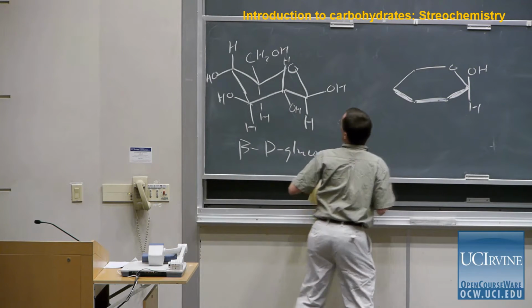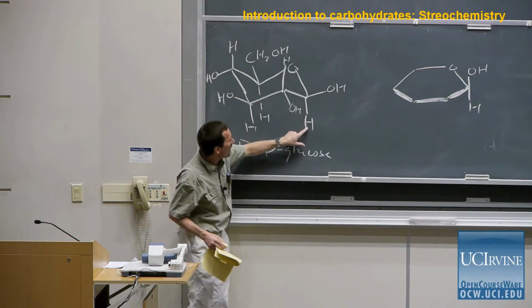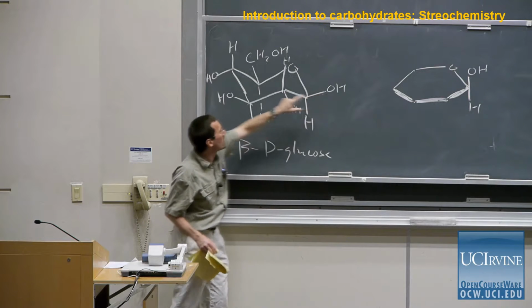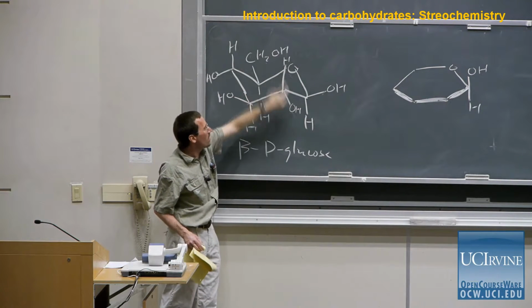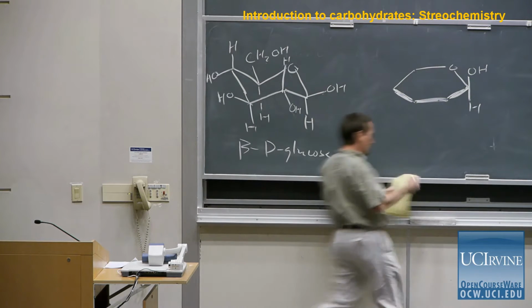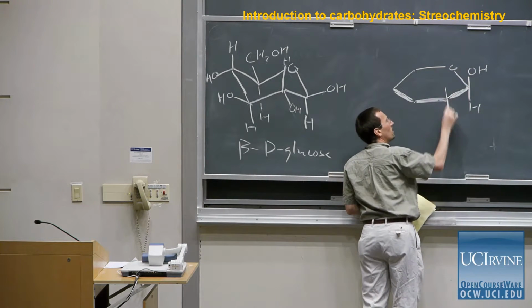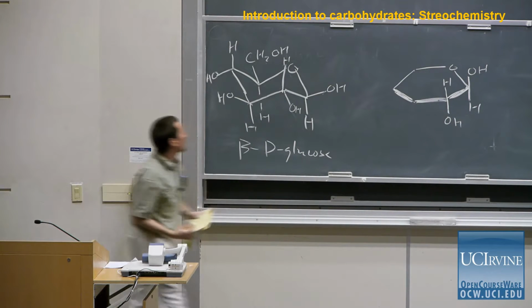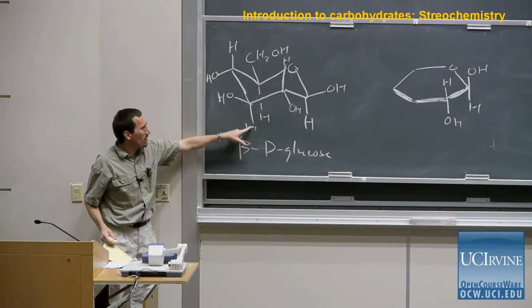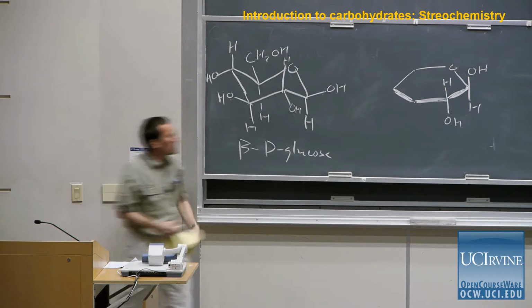We can take our next position. Remember, we have our hydrogen down, our OH up. We can take our next position. We have our hydrogen up and our OH down. So we can represent that like this. We come to our next position. Now the hydrogen's down, the OH is up.